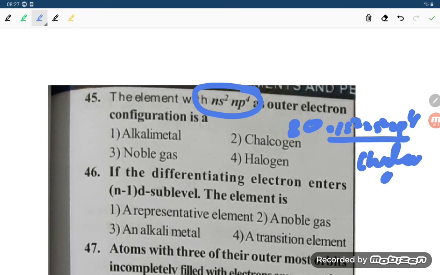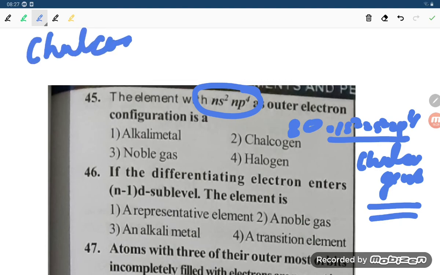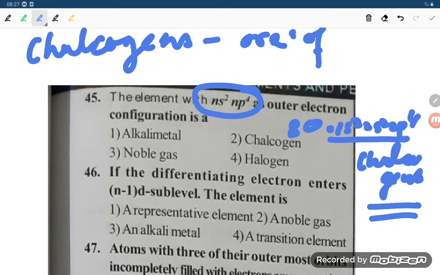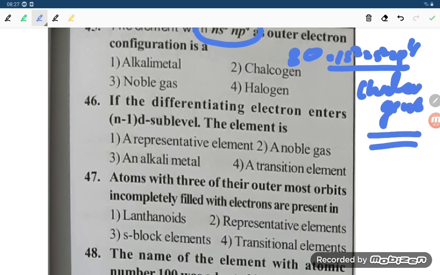Chalcogen. Chalcogens means ore forming elements, student. Those groups which form the ores of metals are known as chalcogens.